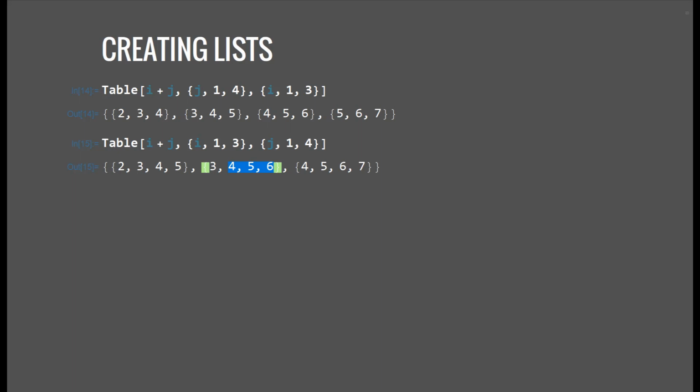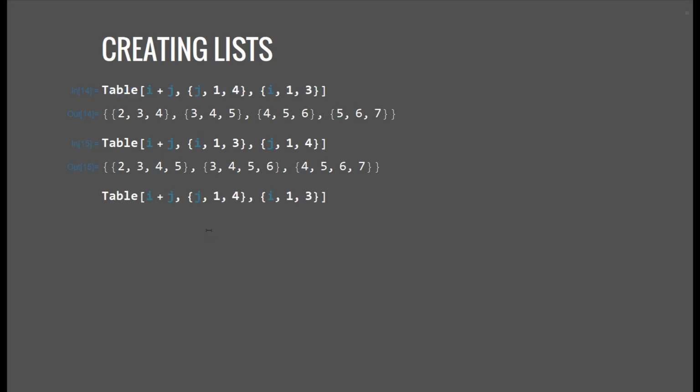Now, the range of the outer iterator might depend on the value of the inner iterator. So let's see an example. Let's look at the same formula. Let me copy and paste this part.